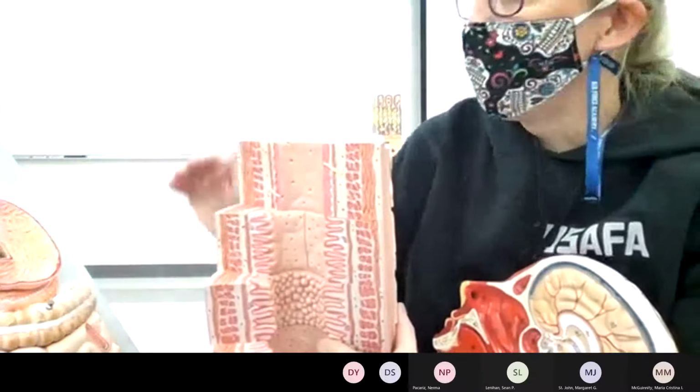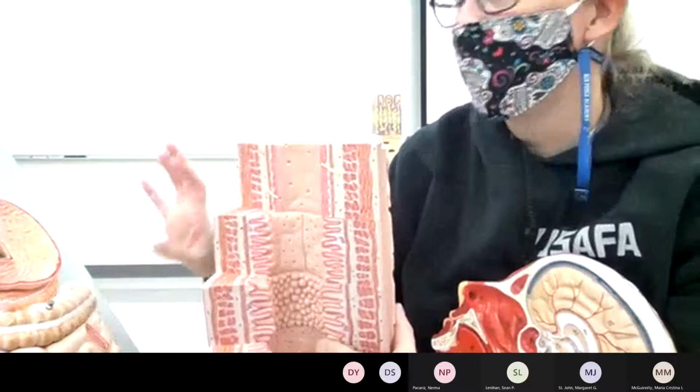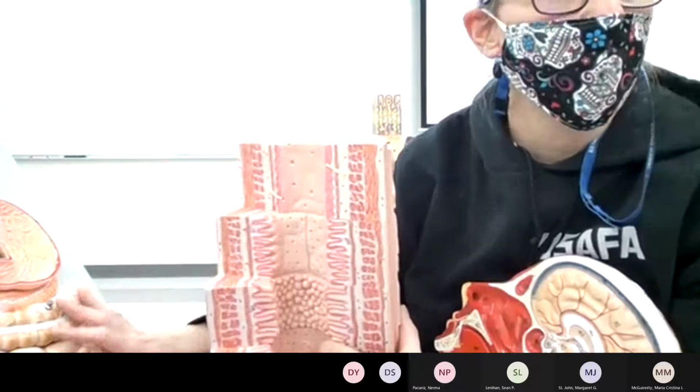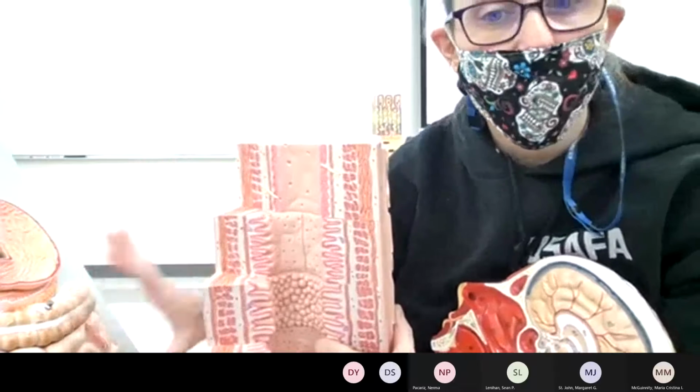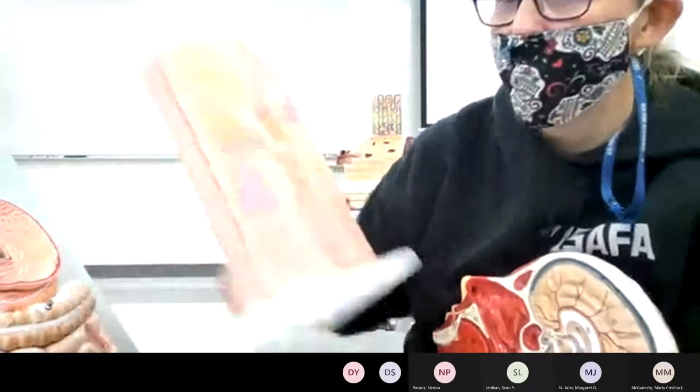All right. Everywhere else, so around the stomach, around the majority of the small intestines and the large intestines, it's in the abdominal pelvic cavity. So if you go back to chapter 1, the outermost layer is going to be the visceral peritoneal membrane.